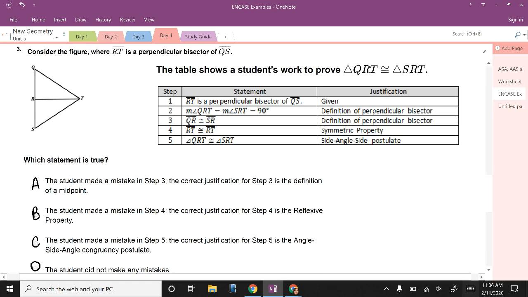So that's what you're trying to do on number 3. You're trying to find out if the student made a mistake, and if they did, where they made the mistake. Look for where the student made a mistake, if they even made one, because option D says they did not make any mistakes.